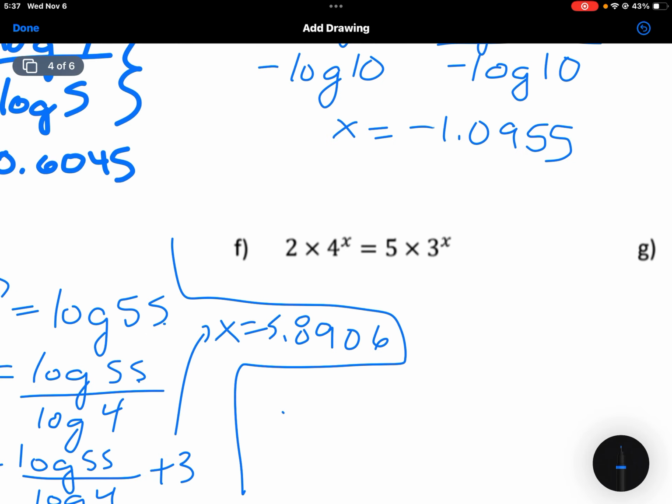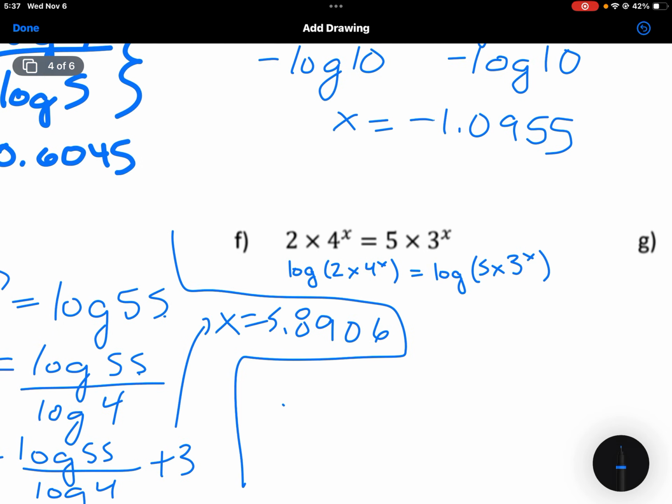Okay, this one's a little bit different because it's got coefficients that are multiplied together. So we're still going to start off the same way. Log of 2 times 4 to the x on the left side and the log of 5 times 3 to the x on the right-hand side. Because I'm multiplying the arguments together, I can separate the logs.